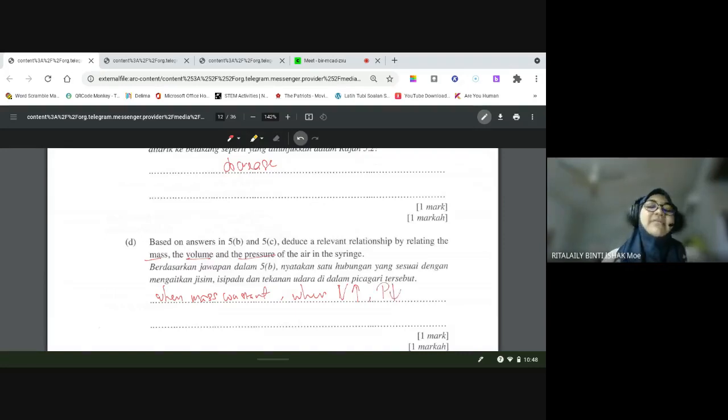Okay. Tapi bila awak jawab, tolong jawab dengan perkataan dan jangan guna arrow. Saya ingatkan, takut kan dah biasa saya tunjuk arrow, dah pesan pun buat arrow juga. So, kena sebut tiga-tiga. Dia minta tiga-tiga, mass kena sebut, volume kena sebut, pressure kena sebut. Okay, when mass constant, volume increase, pressure decrease.